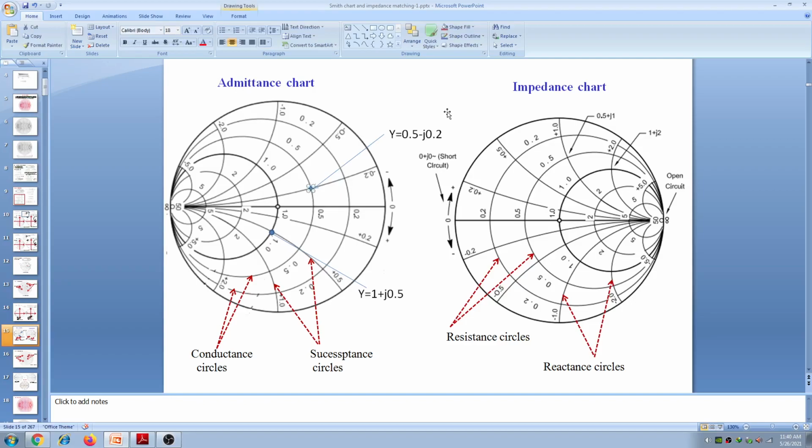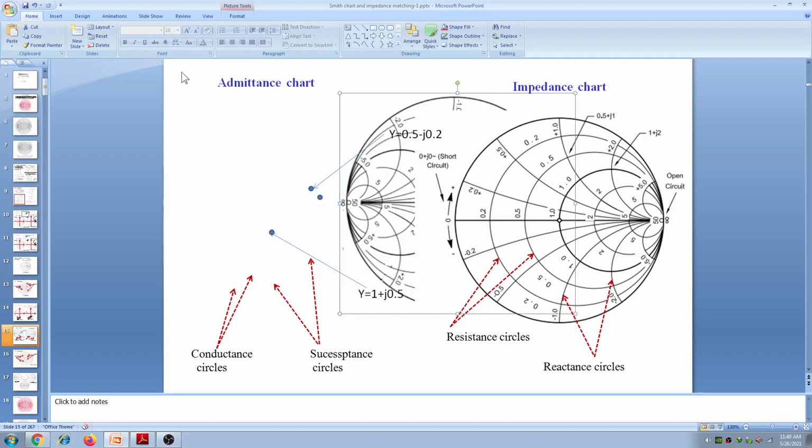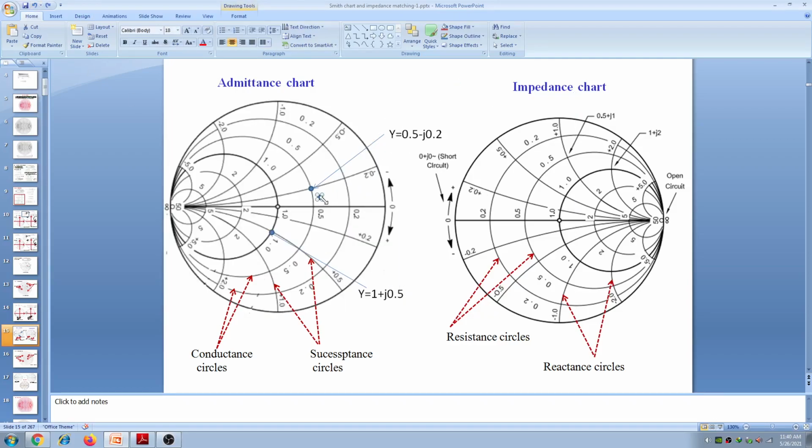For example, I want the impedance at a particular position here.